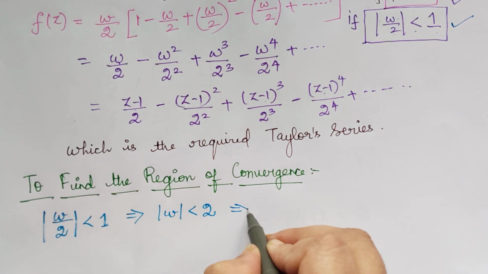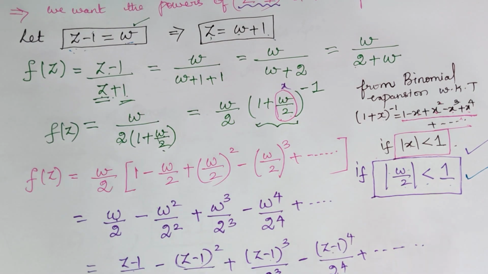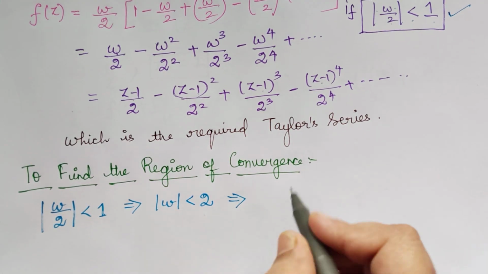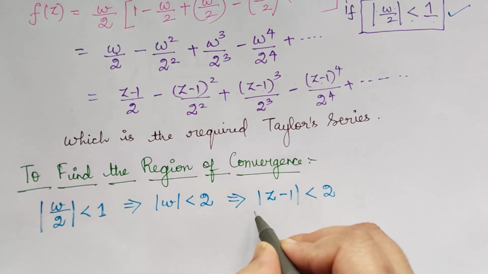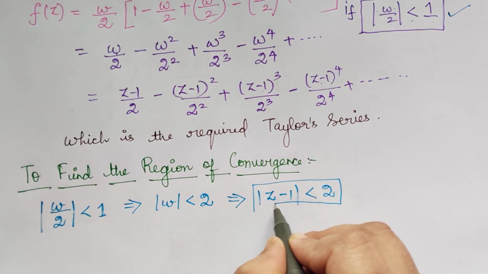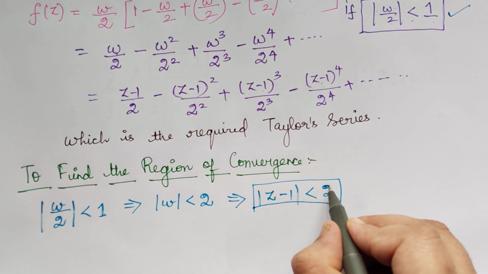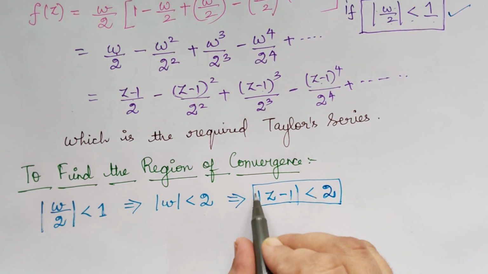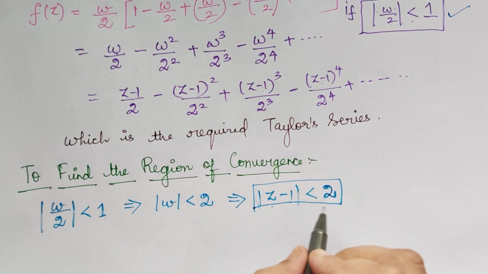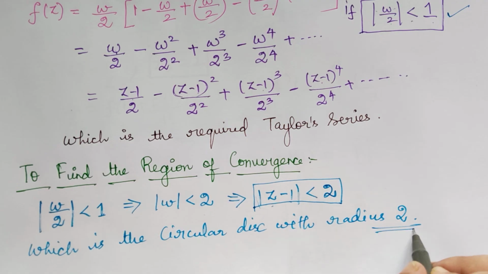But what is w? w is z minus 1 from our substitution. So modulus of z minus 1 lesser than 2 gives us the region of convergence. This is a disk which has the radius 2. So this is the required region of convergence, the circular disk with radius 2.